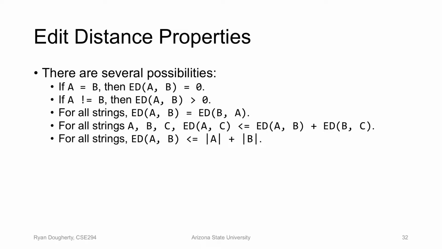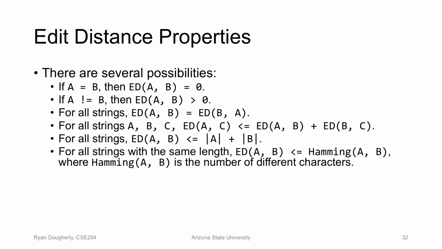This next one is a little more non-trivial. The edit distance is at most the sum of the lengths of the two strings. Why is that? I want to transform A to B, so what's the easiest way? Get rid of A and then replace it. Yeah, I can only do one deletion at a time, so I delete A character by character, then insert characters of B until I get B. So we know it's at most this.